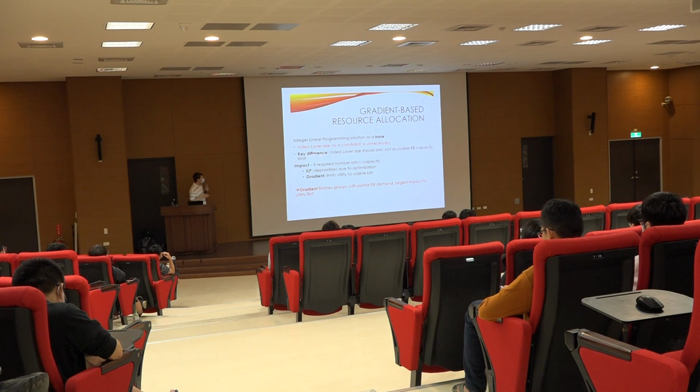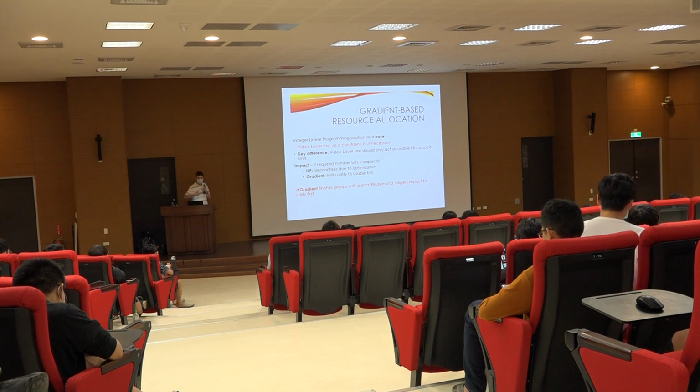The key difference is the video layer size should only act as a usable resource block capacity limit. So instead of using integer linear programming to say you cannot exceed this, just say you can exceed this. You can allocate more resources, but you won't get more utility from it.